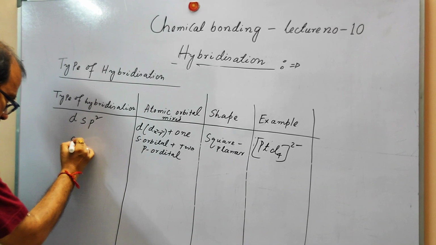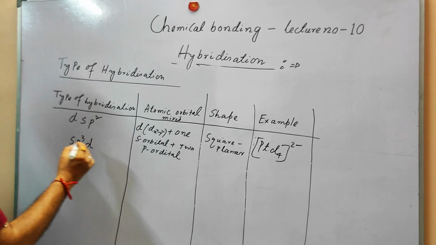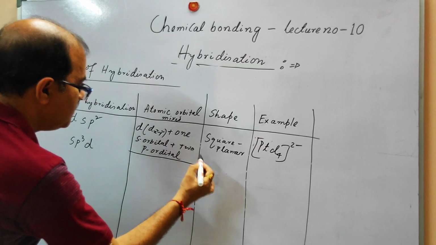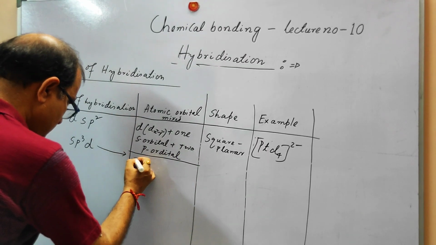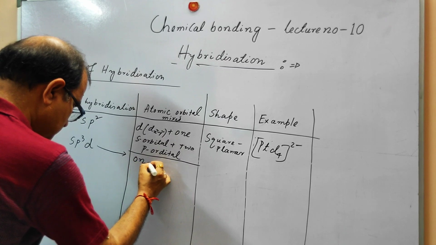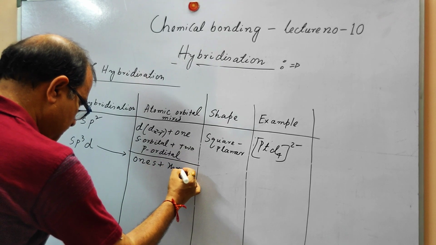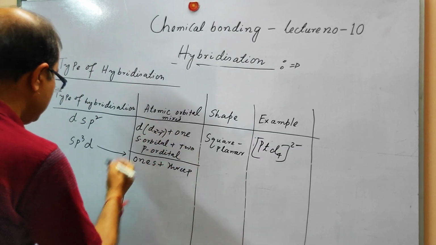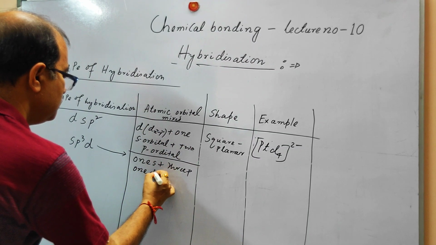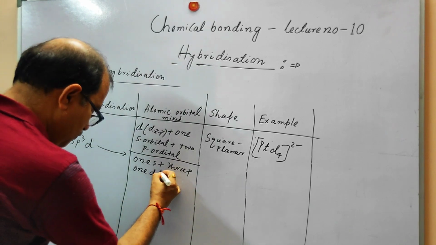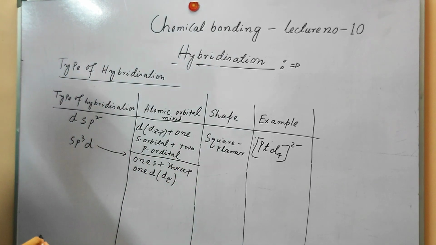Then sp3d. In this case there is 1s, 3p and 1d, and for the 1d the dz square orbital has been used.